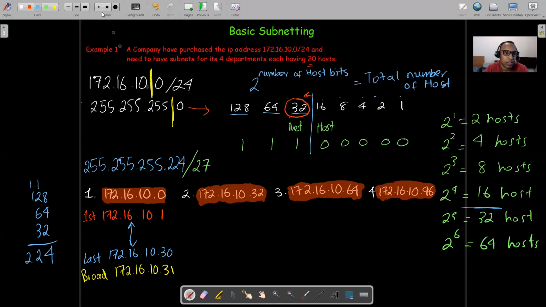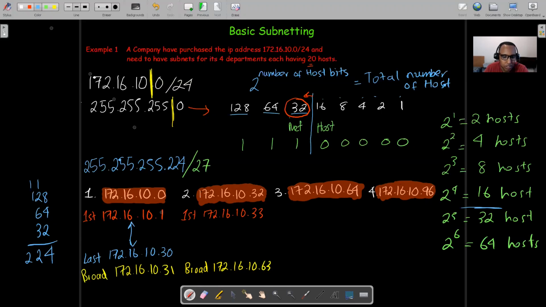The next subnet, if I just quickly speed through this, the first IP address for our hosts will be 172.16.10.33. Our broadcast address will be 1 minus the network address of our third subnet, and that will be 172.16.10.63.